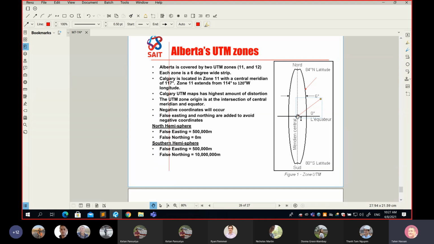So false easting and false northing, those are constants. And what they do is they simply shift everything to the positive side of your coordinate system. Again, remember this, false easting and false northing have no business with distortion. All they do is avoid the appearance of negative coordinates.